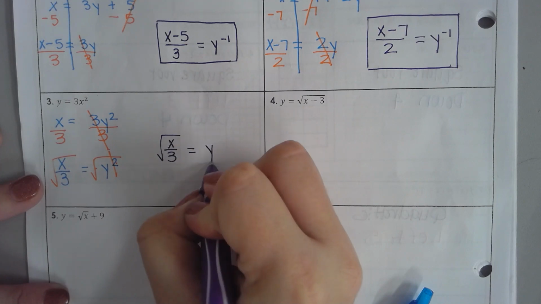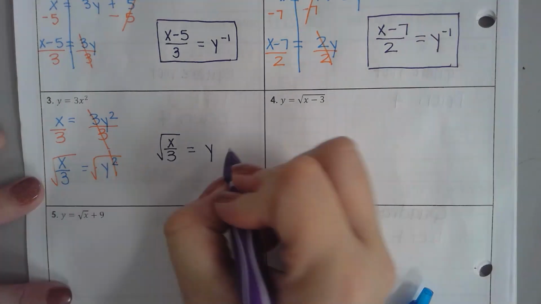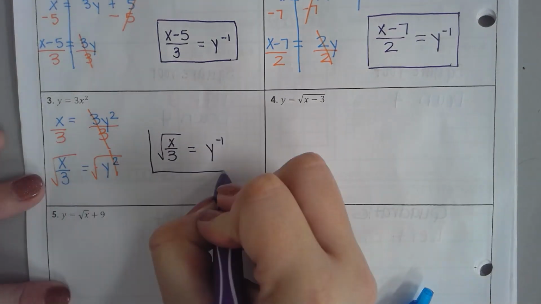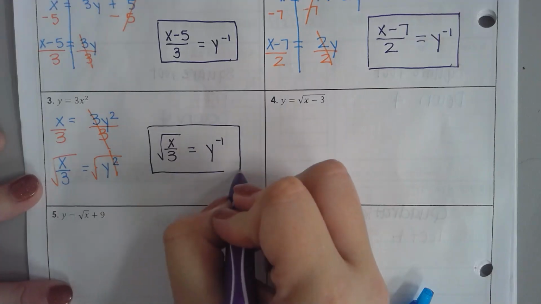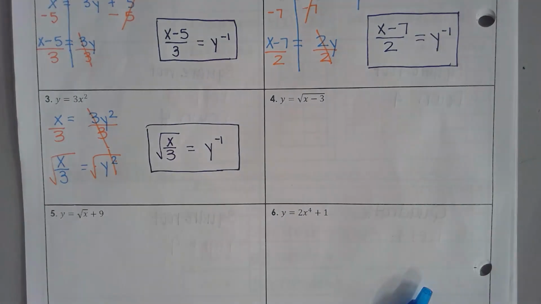And that was equal to y. I'm going to put my negative 1 exponent to show that that's the inverse. If I gave you the answer that I'm boxing in and told you to find the inverse of it, you would get the original question. It works both ways that you go.